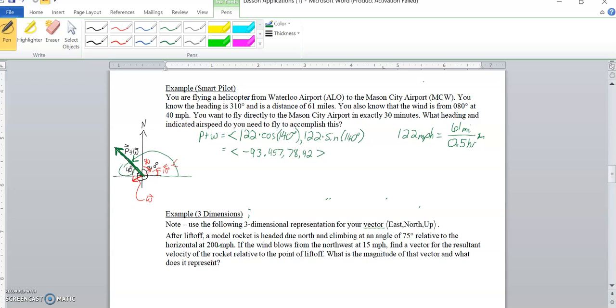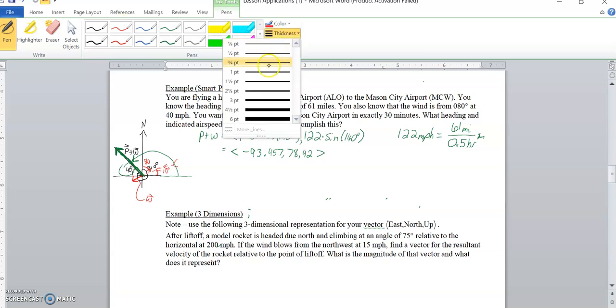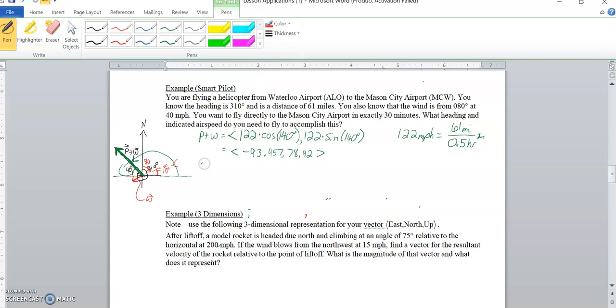The other vector that we know is the wind vector. So we're going to call W our wind and say the wind is, well, the magnitude is given to us. We're told it's 40 miles an hour. We need to figure out what angle we're at.